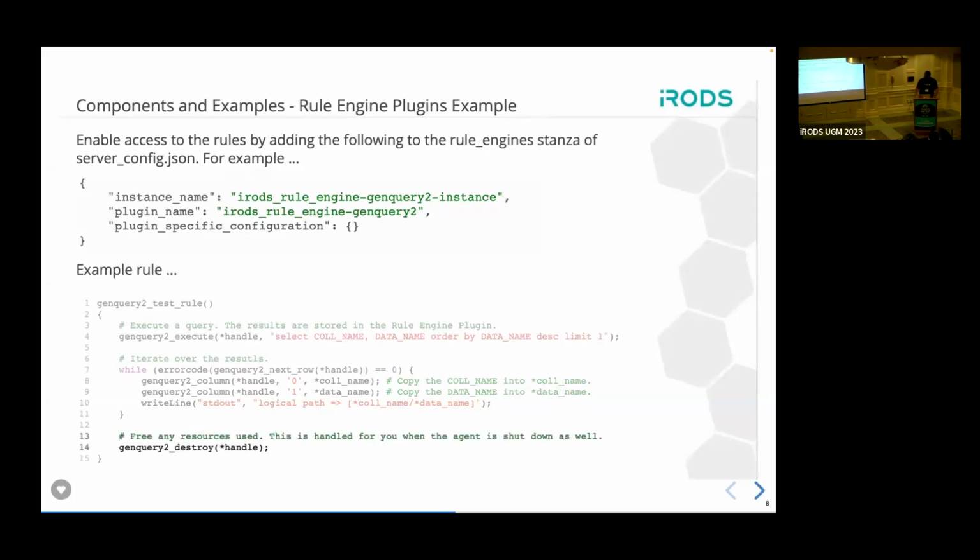And the very last operation here in our usage example is that we need to call destroy. We need to make sure that we clean up behind ourselves, because if you fail to do this, you've basically just leaked memory, because this is memory that is stored in the agent, and it won't be released until you call this rule, or the agent goes away. So you really want to make sure that you are doing the right thing and cleaning up behind yourself.